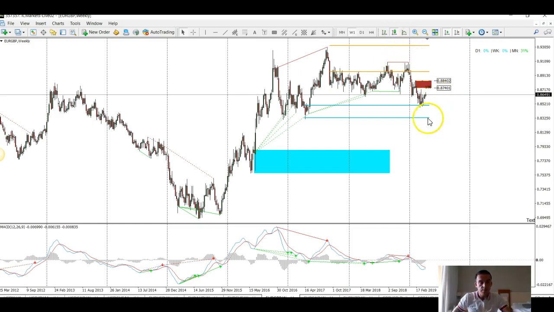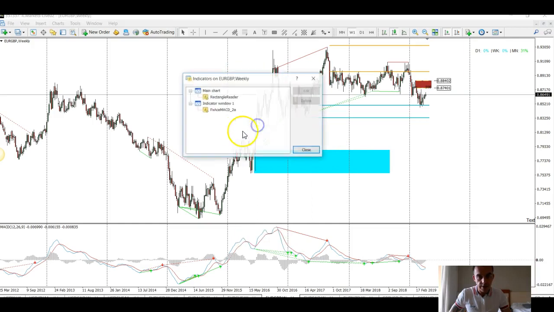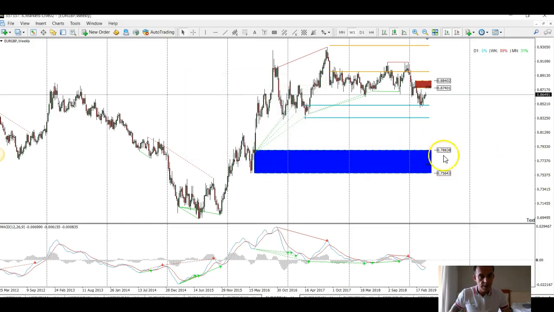So I'm looking to sell in around up towards 87.400, between 87.400 and 88.400, for a longer term push down towards these zones here at 78, 79, the start of that zone there, towards 75.5.